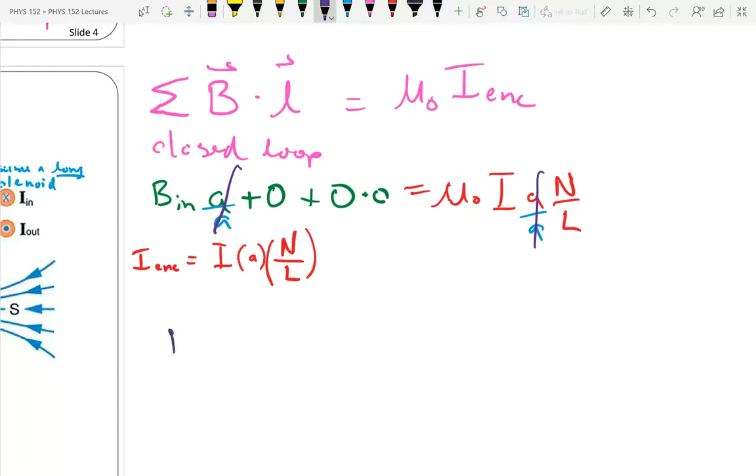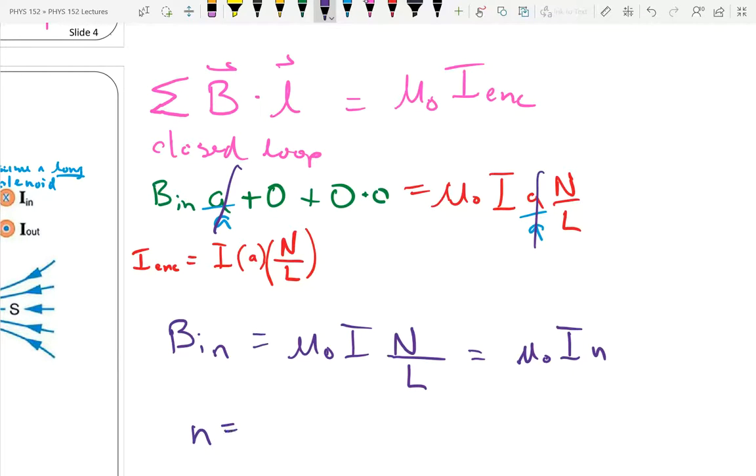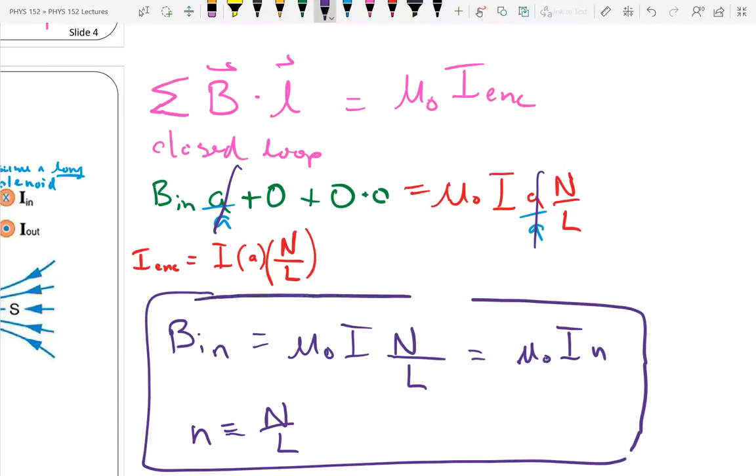And so we have the magnetic field inside the solenoid is equal to mu naught I times the total number of turns divided by the total length, or sometimes we write mu naught I lowercase n, where lowercase n is defined as total turns over total length. So that's once again an application of Ampere's law to calculate how much magnetic field is created in what location.